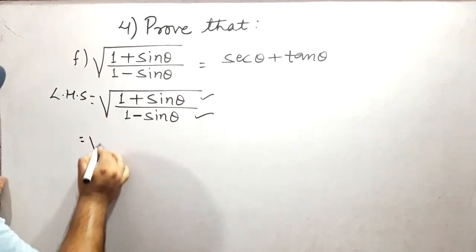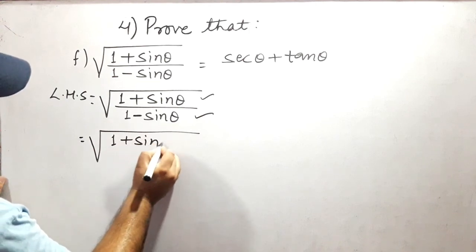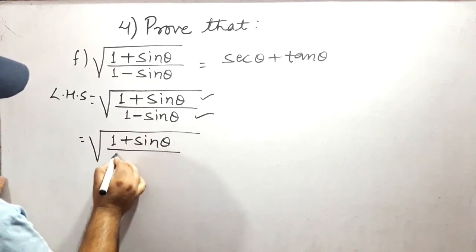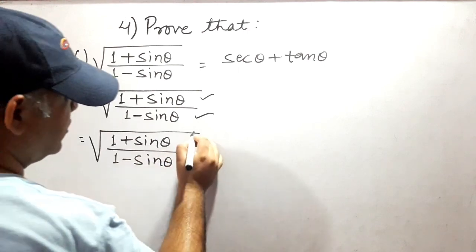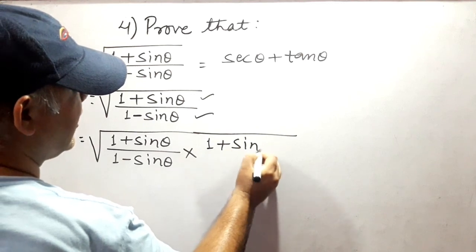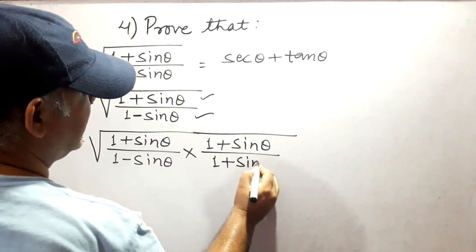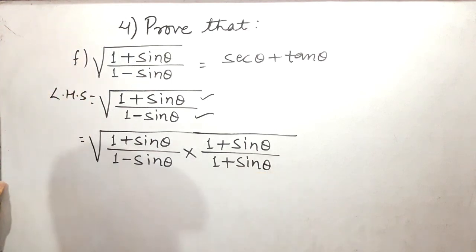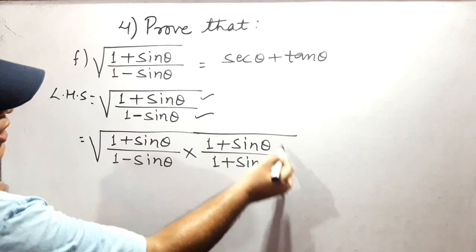So root under (1 plus sin theta) by (1 minus sin theta) into (1 plus sin theta) by (1 plus sin theta). It's called rationalizing. 1 plus sin theta and 1 plus sin theta get cancelled.